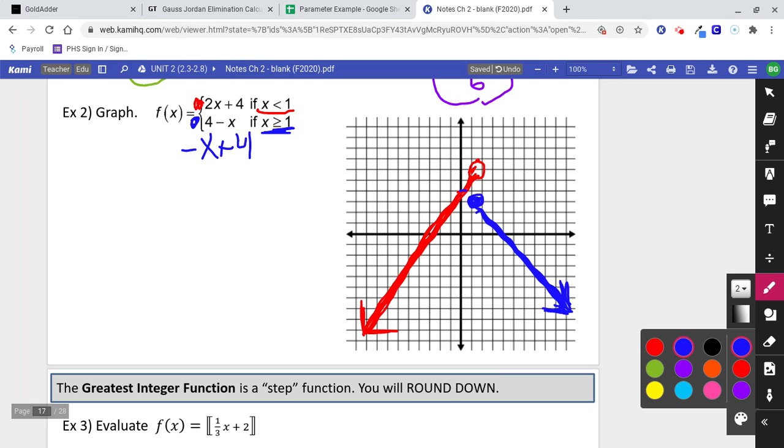So the domain of that function is all real numbers. It's not continuous. It jumps over at x equals 1. You're going to have to lift your pencil. But it does pass the vertical line test, so it is a function.